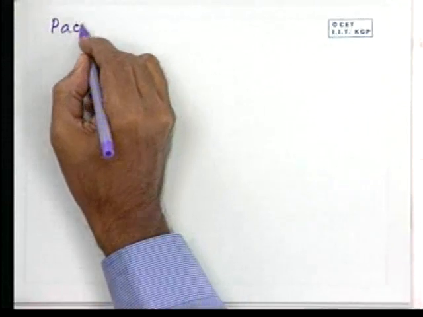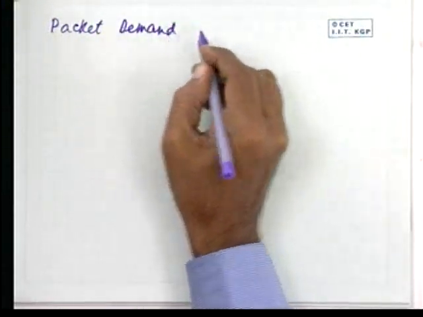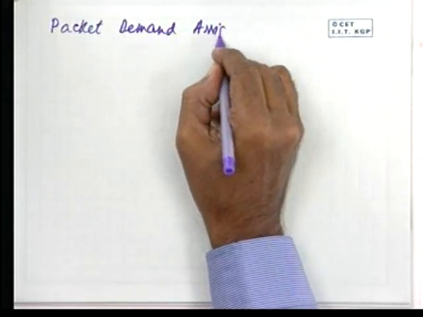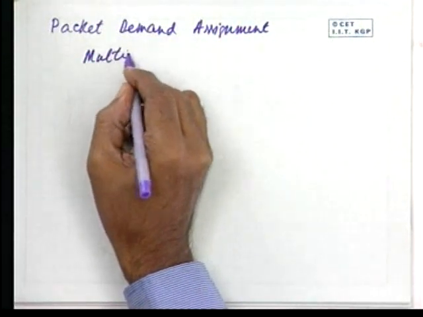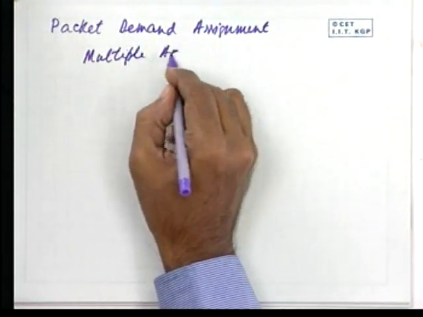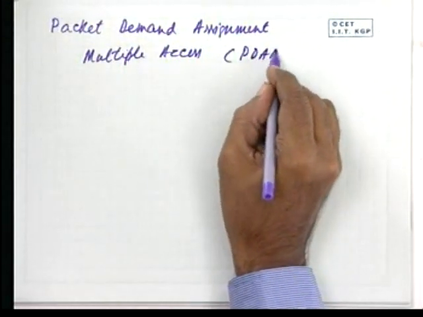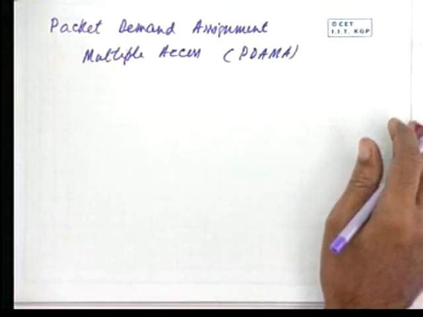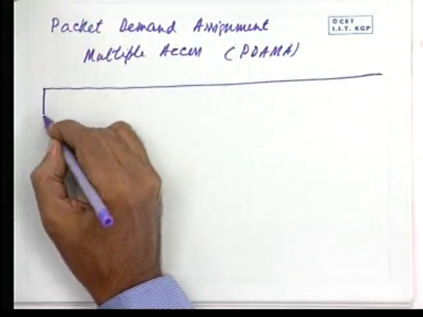Let us consider another centralized scheme, which is known as packet demand assignment multiple access, or PDAMA. In this case, the frame is divided into 4 parts.